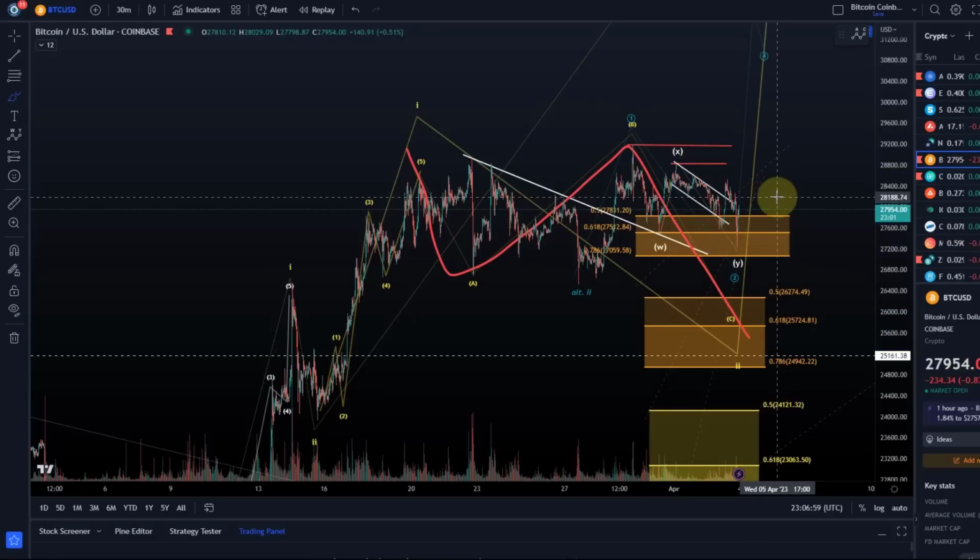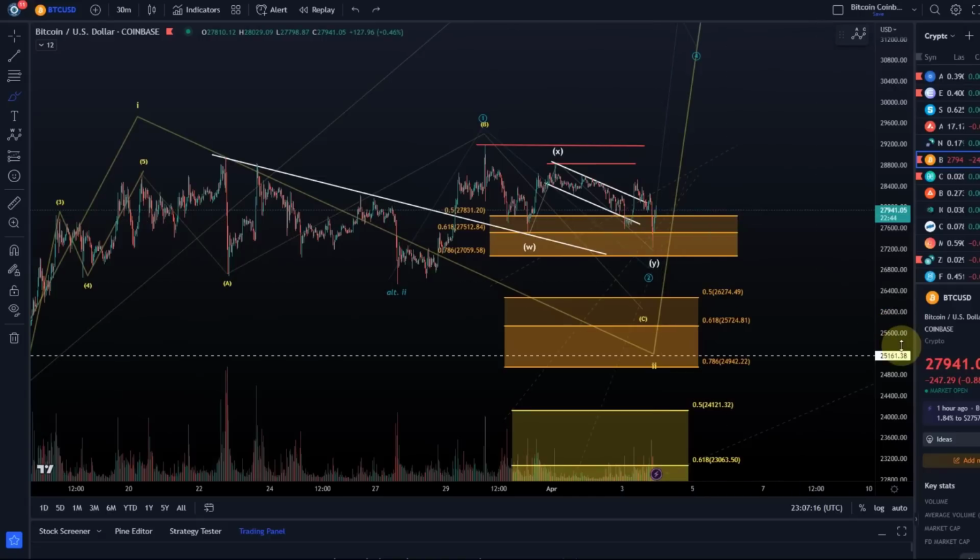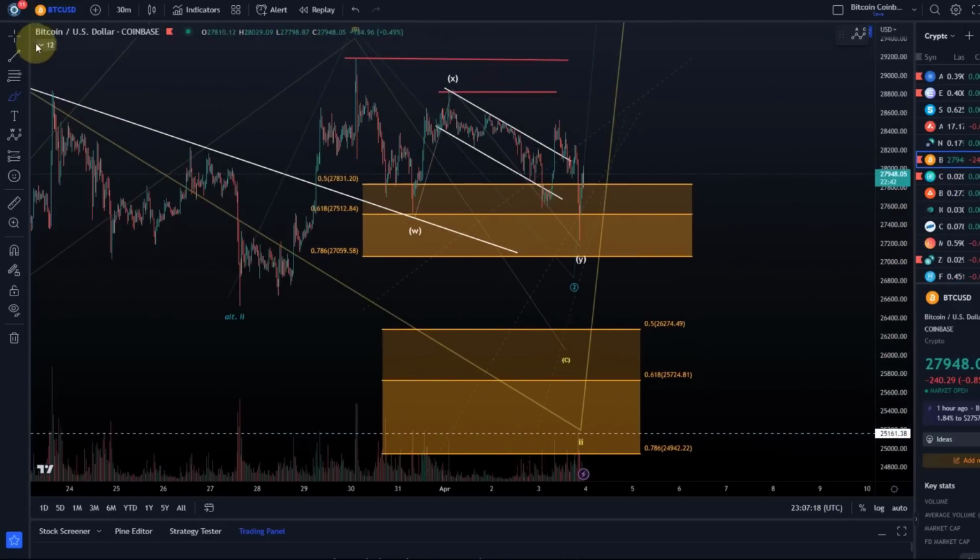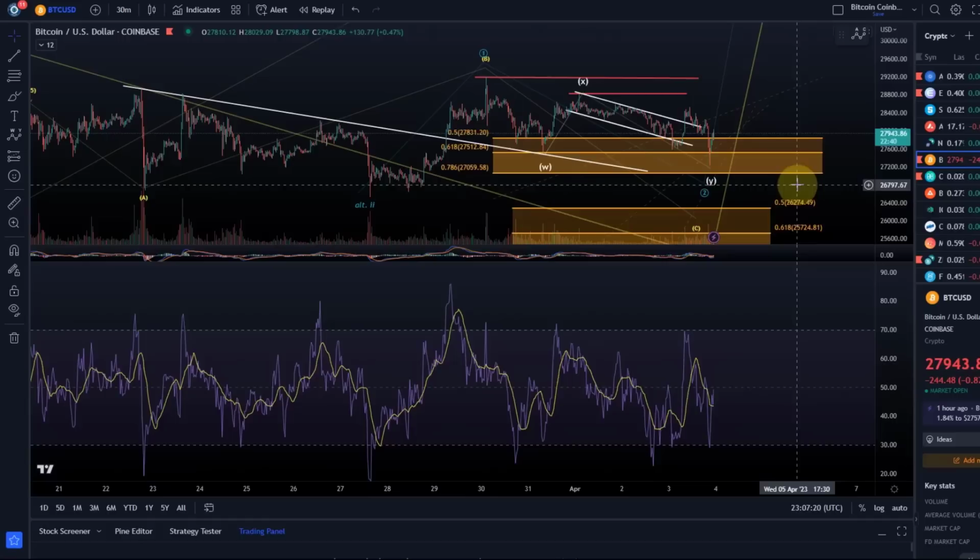Again, we have very messy price action. We are holding the range. We haven't broken below support. What I just showed you, we can talk about as soon as we're breaking below 27,060. But we've seen a nice reaction to the golden ratio, as you would often see it, that the golden ratio is a pretty relevant Fibonacci support level.